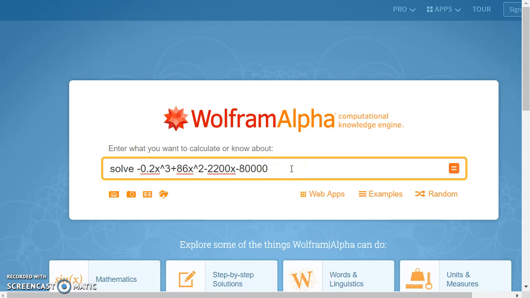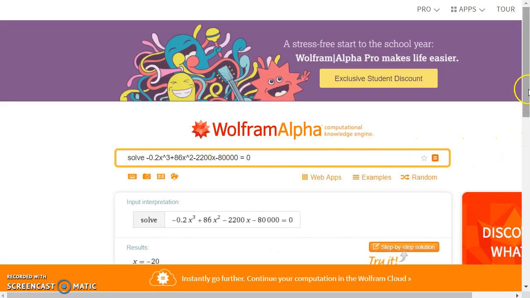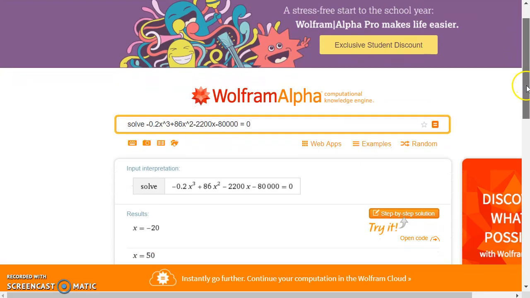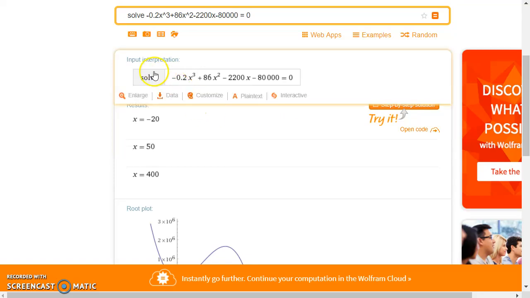What we're doing is saying solve this function set equal to zero. We'll press enter or click that equal sign, and Wolfram Alpha will generate a solution for us, or in this case, multiple solutions. It's always a good idea to check this input interpretation just to make sure it matches the problem you were trying to solve. And then we can look at our results.